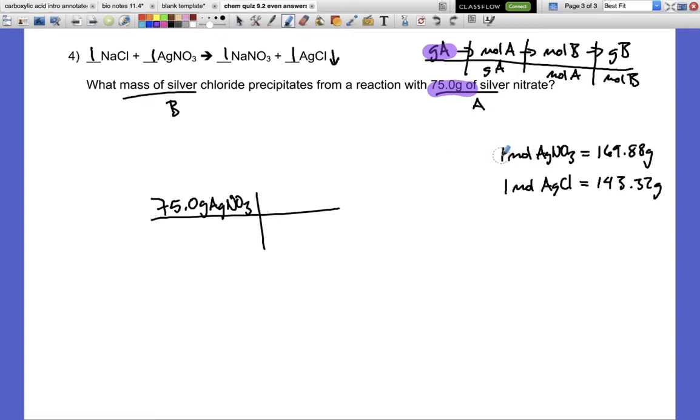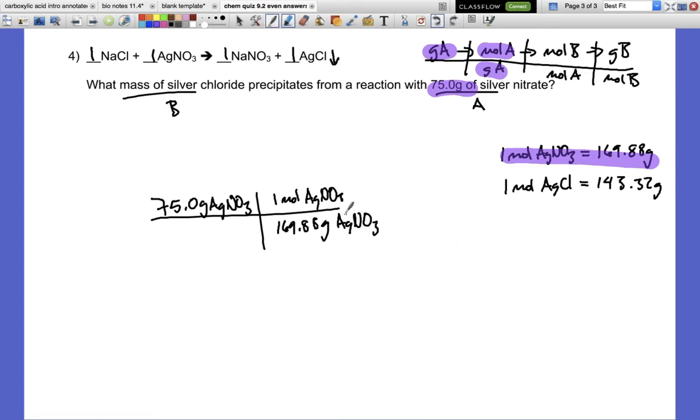Again, I'm going to use this conversion factor, and I'm going to put the mass in the bottom. 169.88 grams is 1 mole of silver nitrate. And again, I know to do that because that's what it says in my generic work up here. I'm going to put moles on top, grams on the bottom.